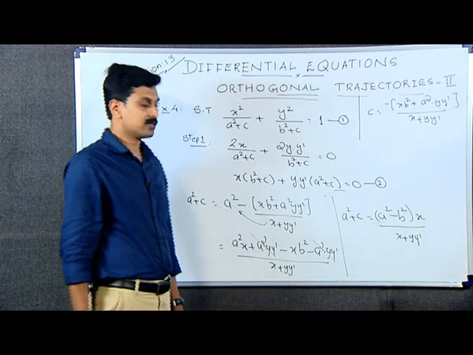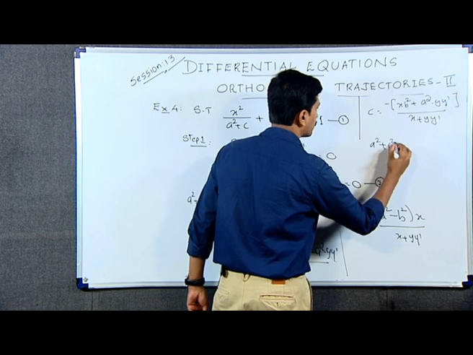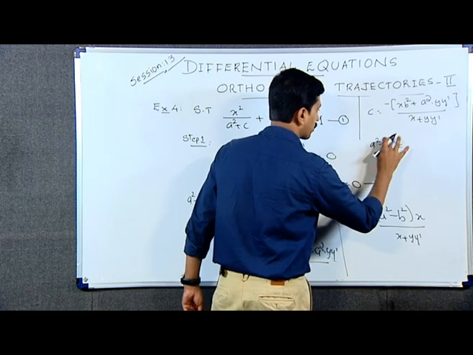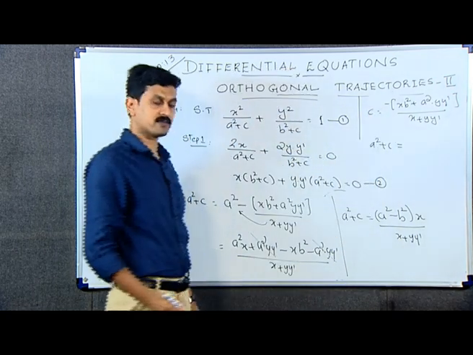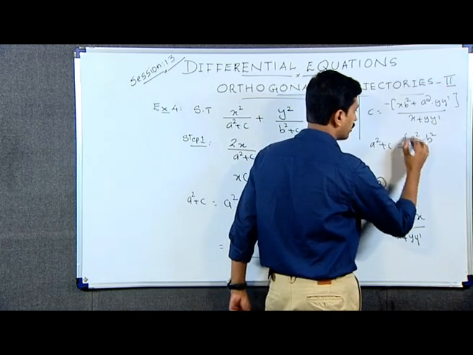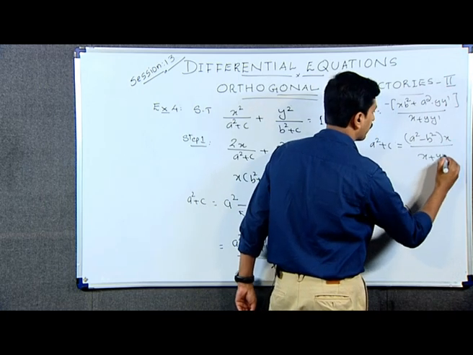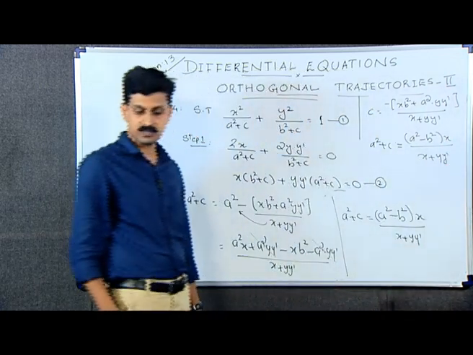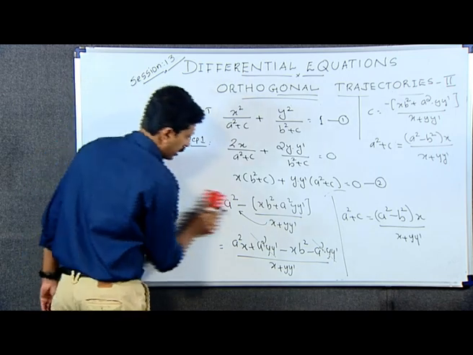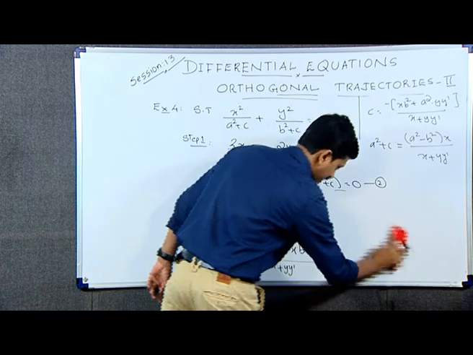So, we found a square plus c, which we have to use later, that is a square minus b square into x divided by x plus y y dash. Now, as we found a square plus c, I would like to find b square plus c.